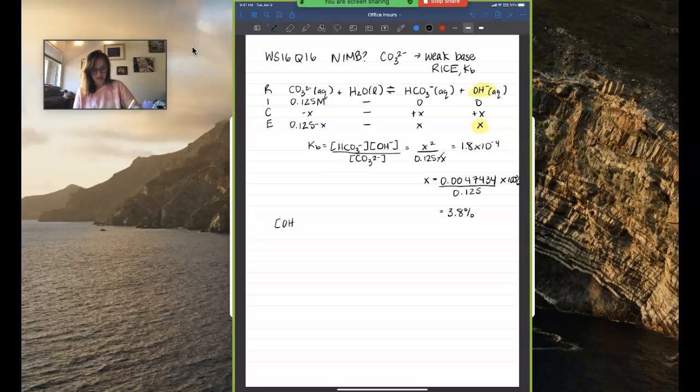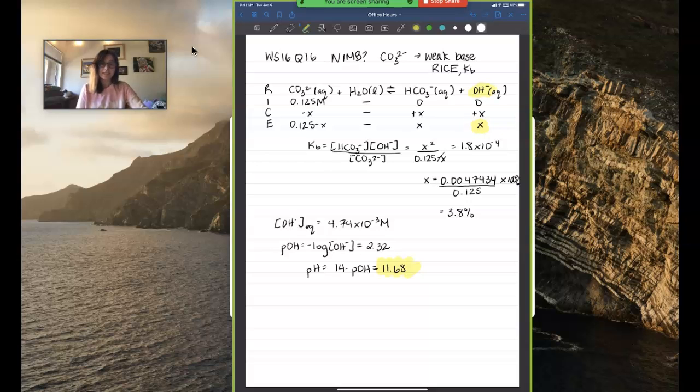So the hydroxide concentration, once it reaches equilibrium, is equal to 4.74 times 10 to the negative third molar. pOH is equal to the negative log of the hydroxide ion concentration, and so that would be 2.32. And then the pH of the solution would be 14 minus the pOH, and that would be 11.68.